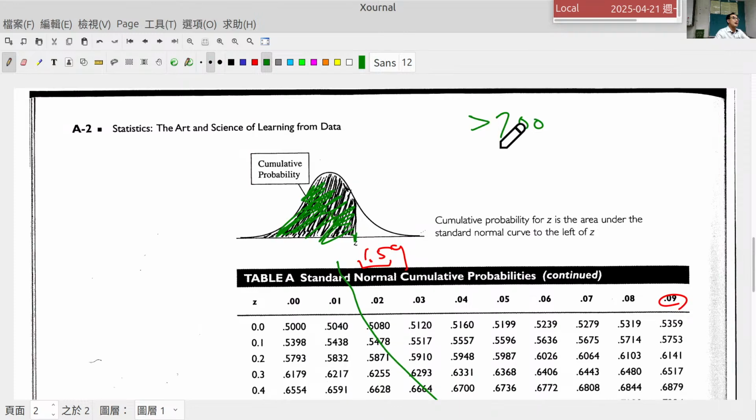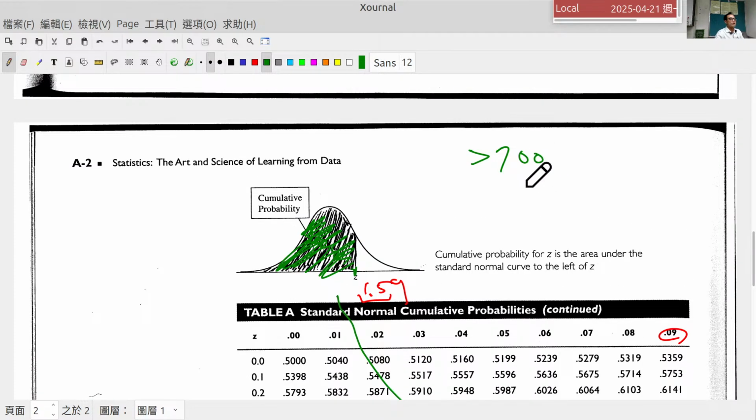But this time, according to the question, it asks what's the probability if a student gets a score greater than 700, and that is the other side. I can use a color, blue. So our target is the blue, not the green. So how to do that? It's very simple.